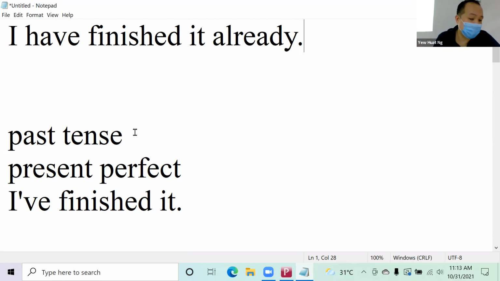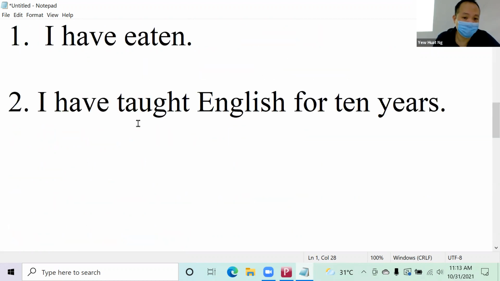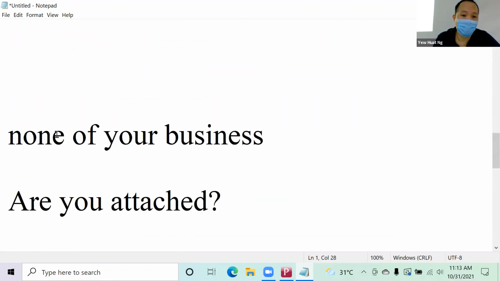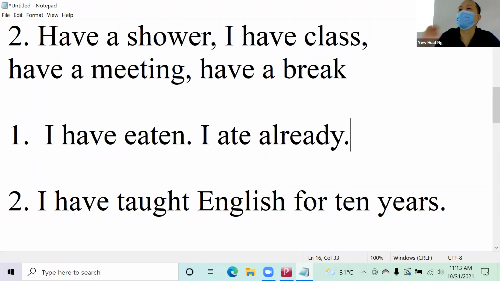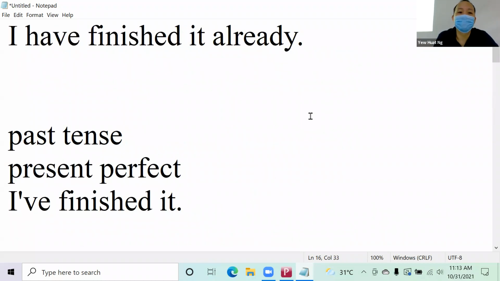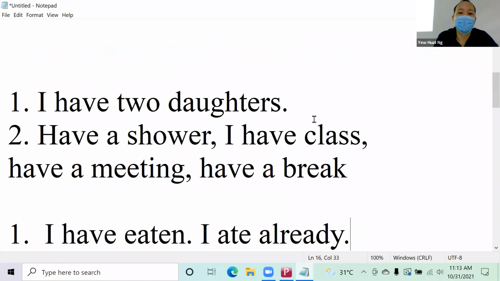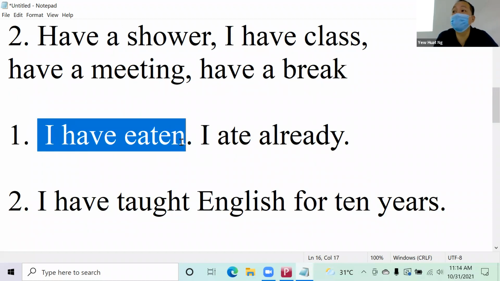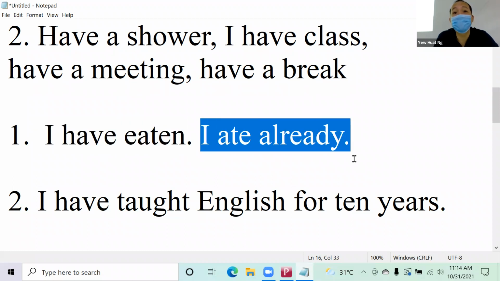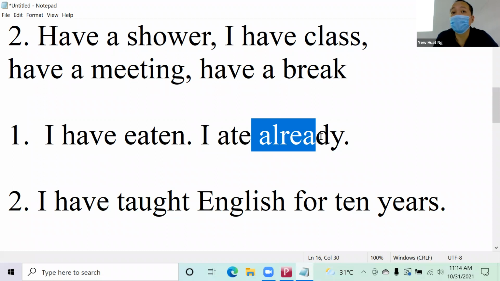So wait, before okay, again, let's look at these two sentences. I have eaten and I ate already. Okay, sorry. So this is your perfect tense. This is also perfect tense because of the word already.